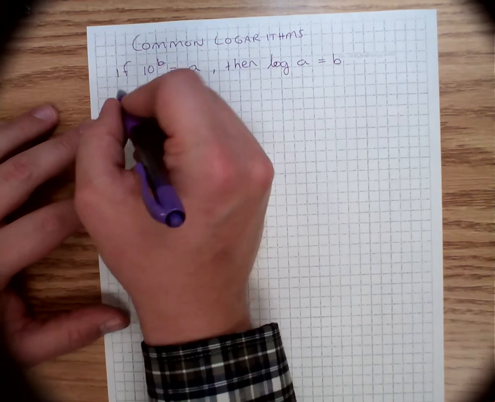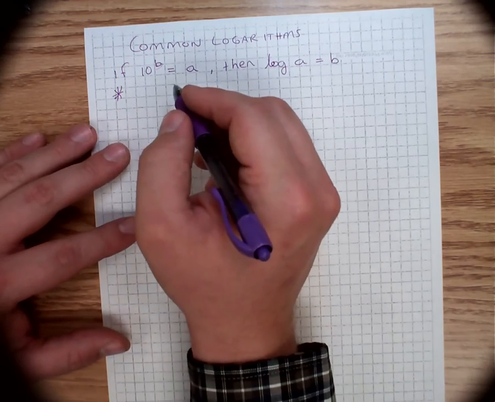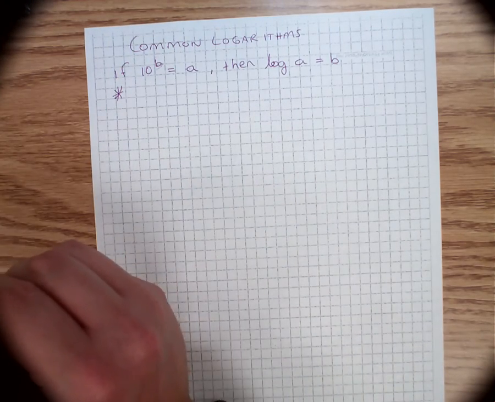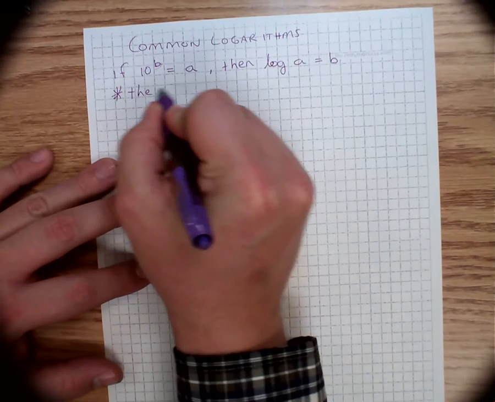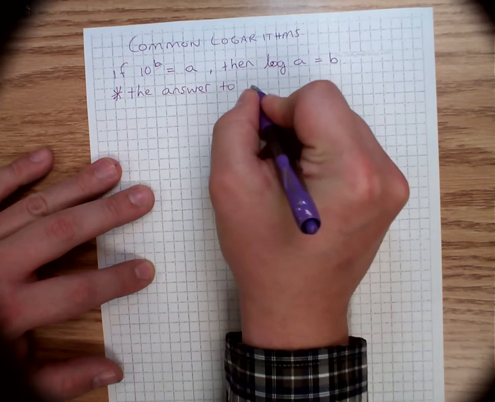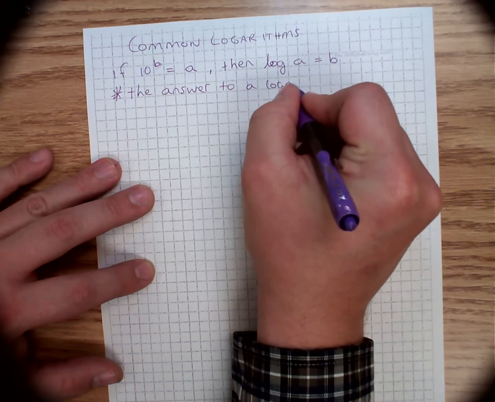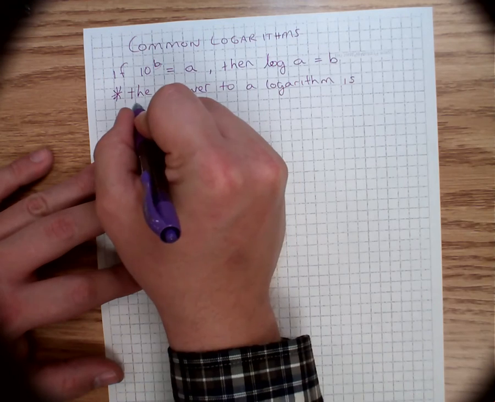Okay, there's a couple ways of thinking about this, of easily remembering this. These are cues that your other teachers in this school will say. The answer to a logarithm is an exponent.